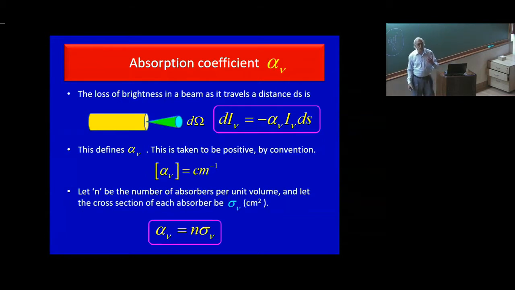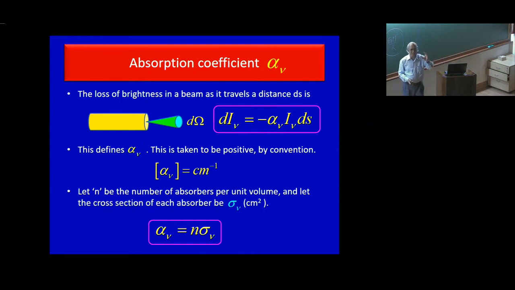Now, what is this absorption due to? Well, we will not pause to discuss that in detail right now, but let us assume that it is due to some scatterers, which absorb or scatter the beam off the principal direction. And let there be n such absorbers or scatterers per unit volume, and let the cross-section of each one of them be sigma nu. The dimension is square centimeter. Cross-section is an area.